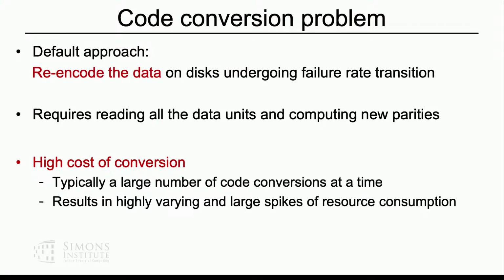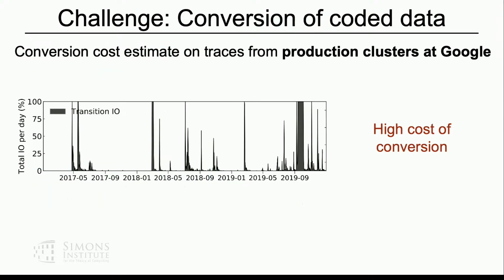To show you from real data, this is from production cluster data at Google. If we were to do disk adaptive coding on this Google cluster, this is what would happen. Using the naive way of just re-encoding, on the y-axis is the total I/O of the cluster as a percentage of the I/O bandwidth of the cluster.